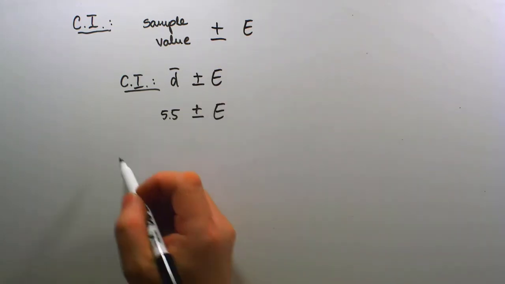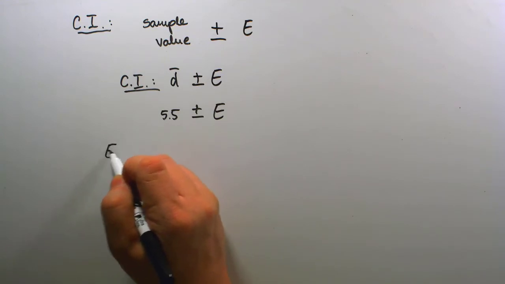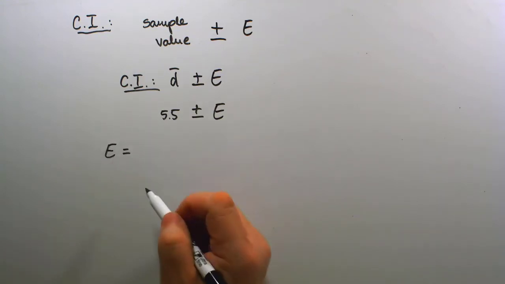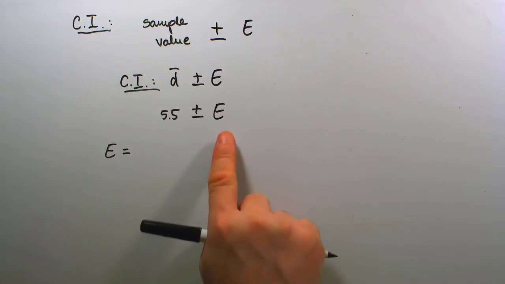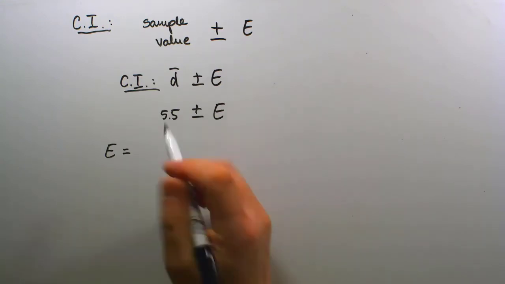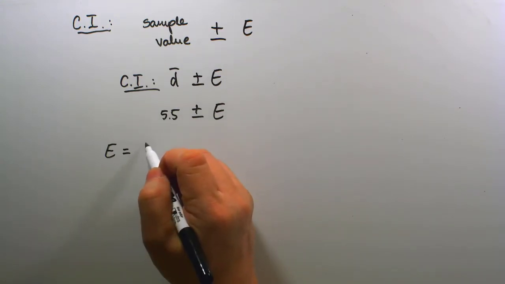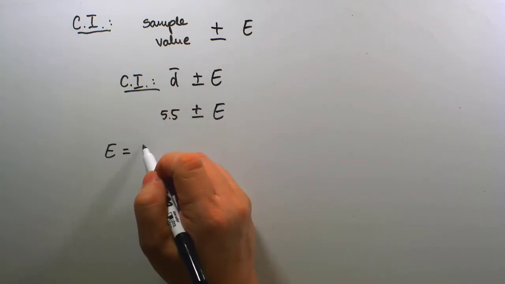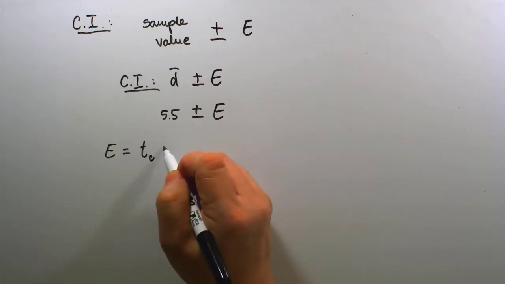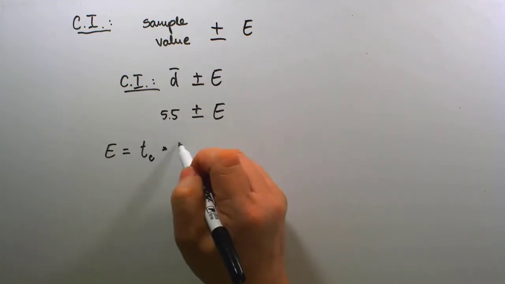What we mainly use now is the formula for this margin of error. I have given in the general lecture that this margin of error can be calculated by the following formula: T sub c multiplied by the SEC.